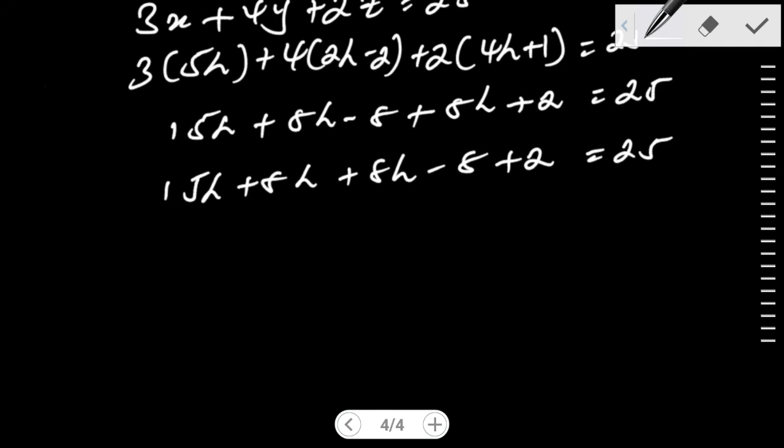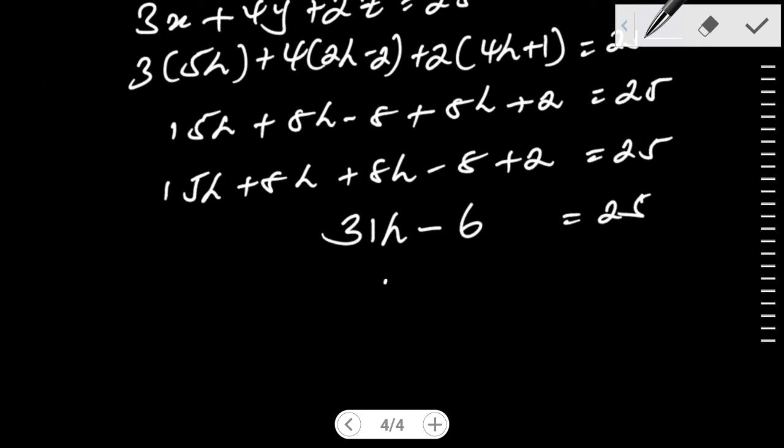And therefore we are going to have 15 lambda plus 8 lambda plus 8 lambda, which gives 31 lambda, and then minus 8 plus 2, which would be minus 6, which is equal to 25.